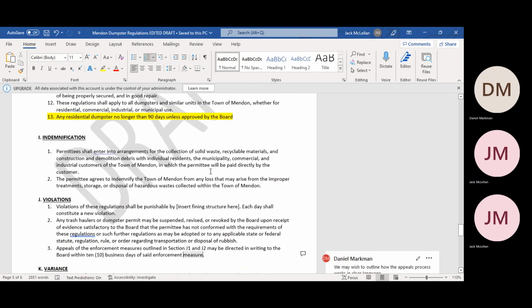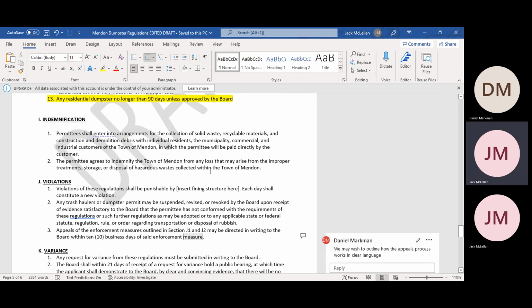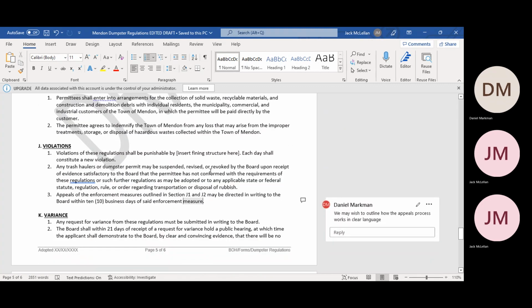Next section. Indemnification. See anything else?